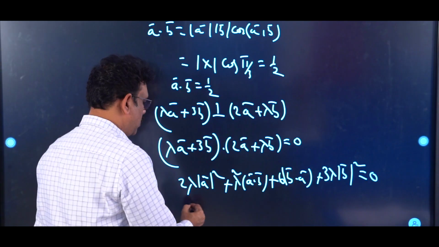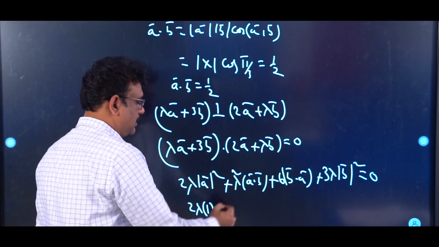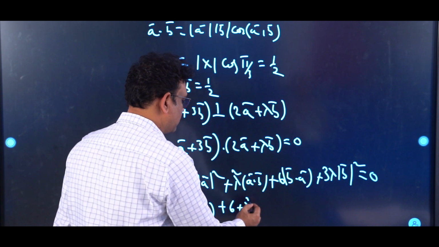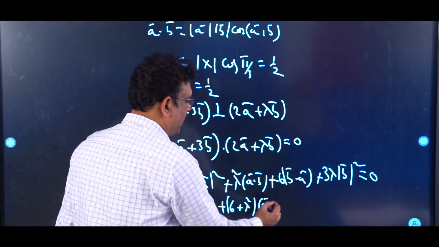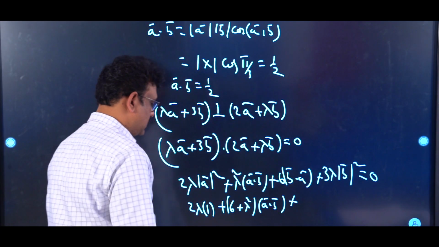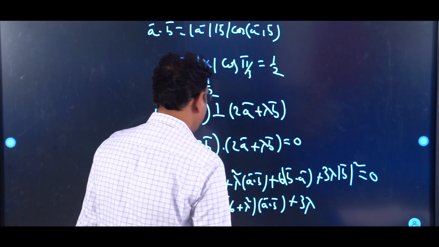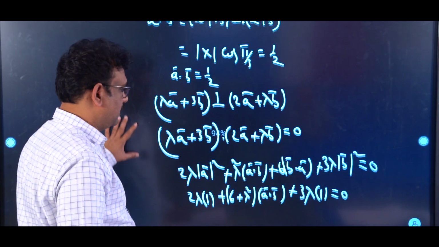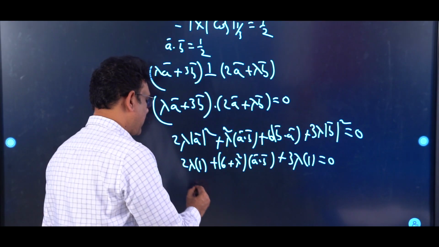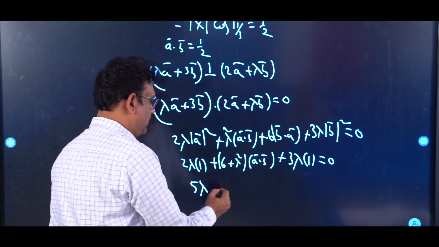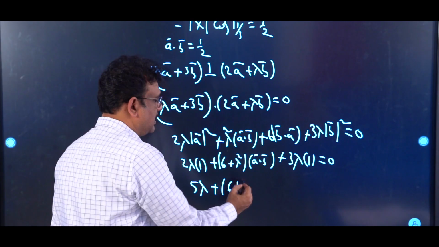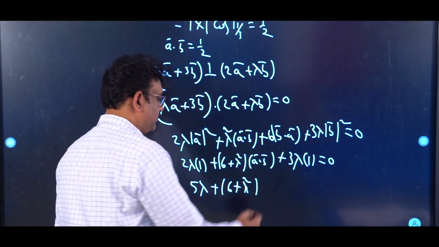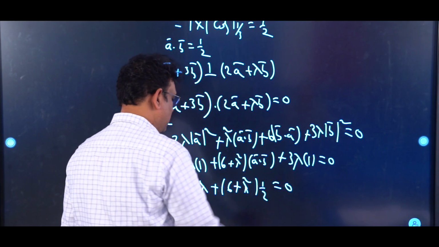Now 2 lambda into 1, plus 6, plus lambda square into a bar dot b bar, plus 3 lambda into 1 equal to 0. That is 5 lambda plus 6 plus lambda square, with a bar dot b bar equal to 1 by 2, and 1 by 2 is equal to 0.